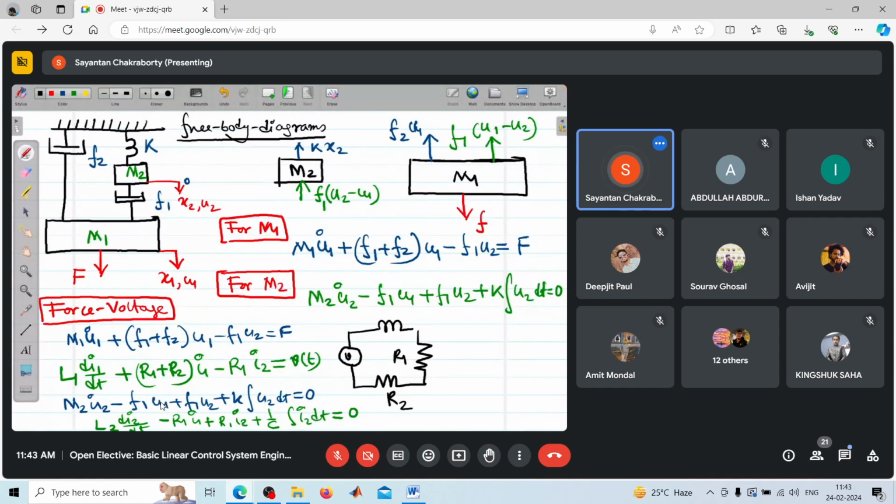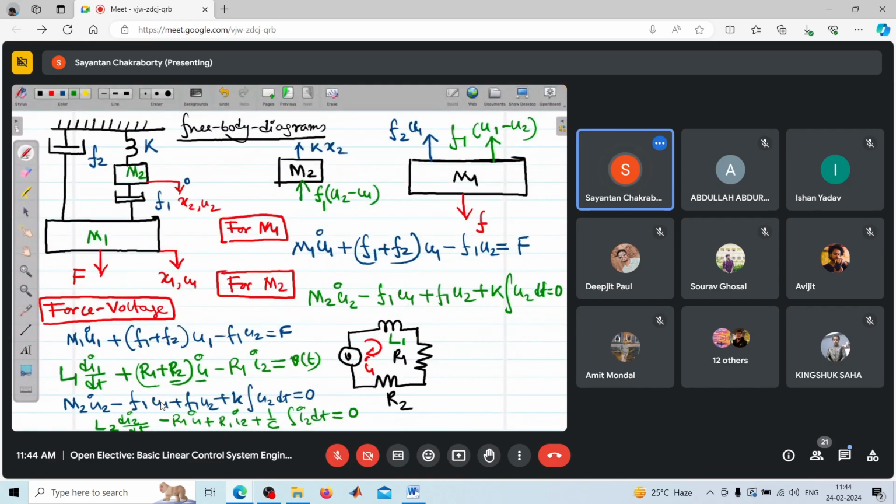So I put it over here, where this is I1 and this is your L1. So see, V equal to R1 I1 plus R2 I1 plus L1 di1/dt, and this term is missing, minus R1 I2. I have not considered I2 here.